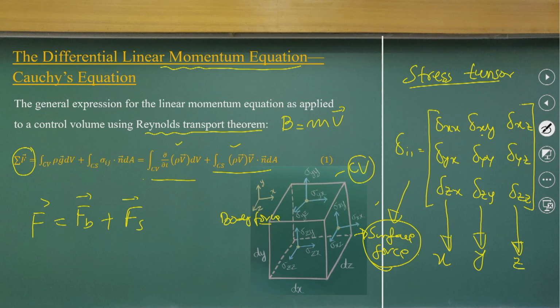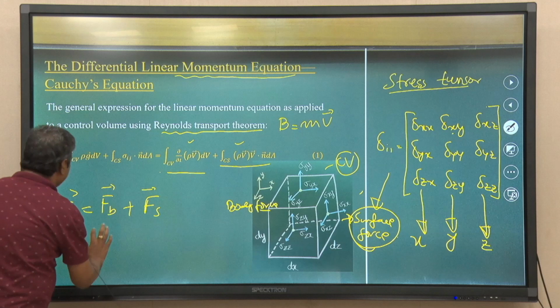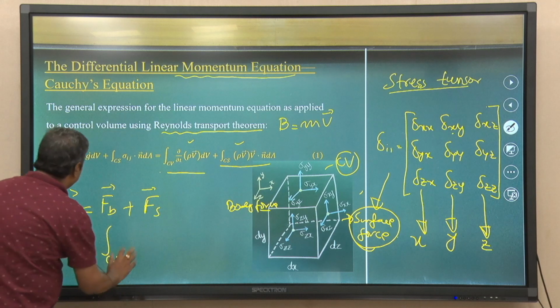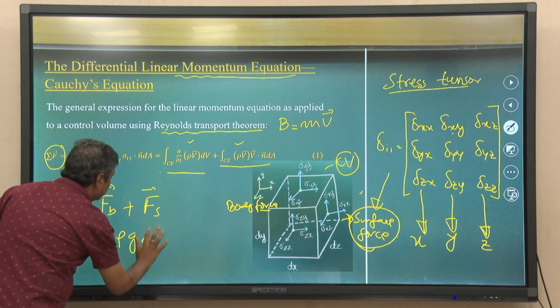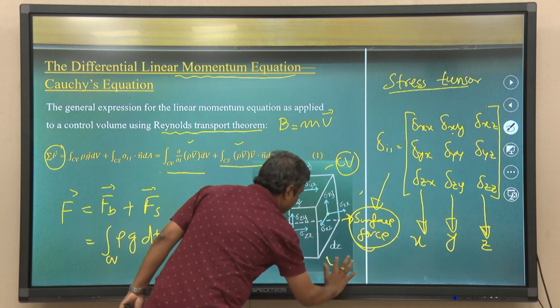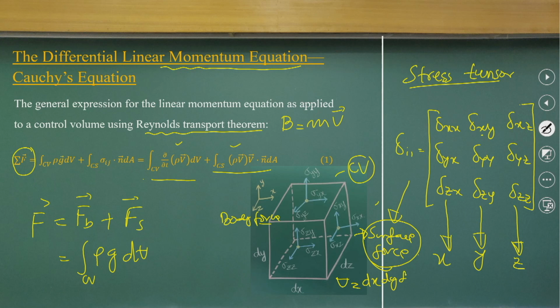That is the same thing as we discussed in the Reynolds transport theorem, the integral approach. The only difference here is that the body force we compute as a volume integral of rho g dV, where V star is the volume of the control volume, which is dx dy dz. So you can find the volume as dx dy dz, integrating over the body force part.